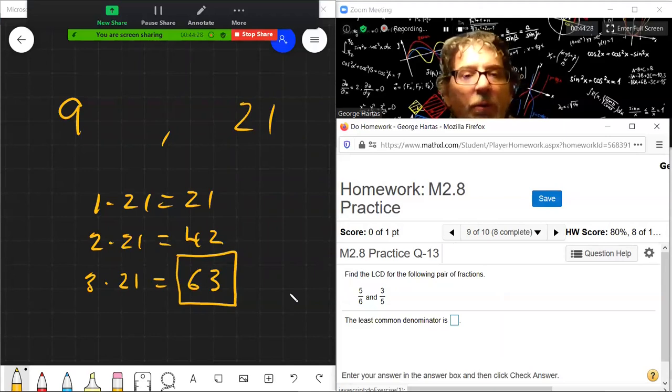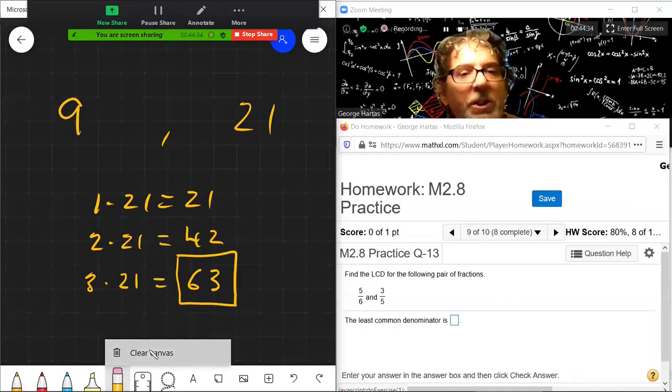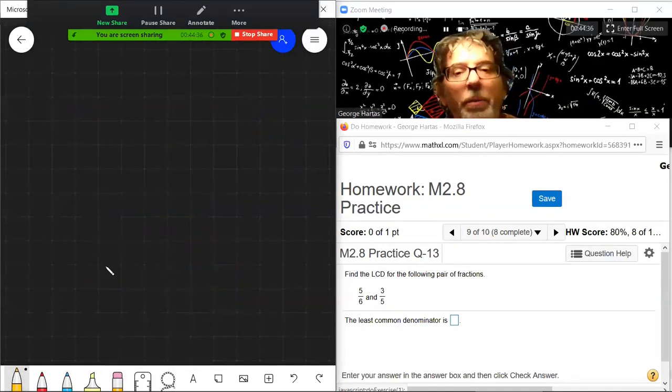All right, now we're coming to this concept called the LCD. What is the LCD that we hear about in fractions? Well, it's the same as the LCM. The LCM and the LCD are the exact same thing. The only reason they call it LCD is because the D represents denominator.